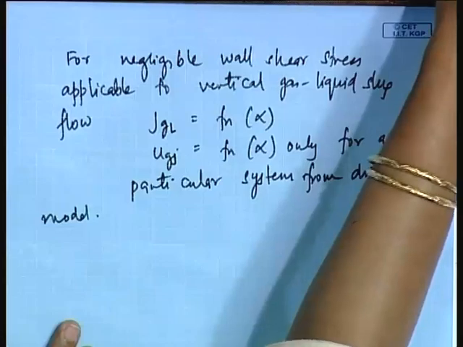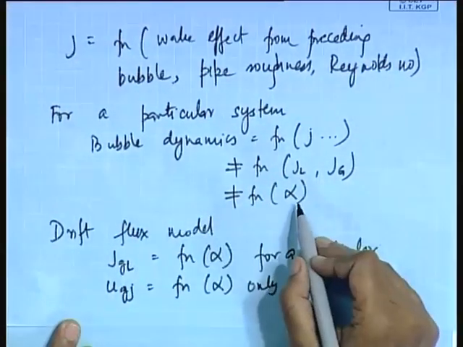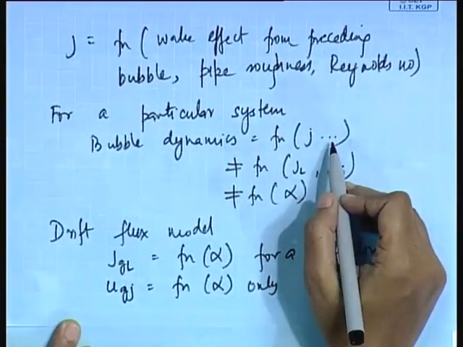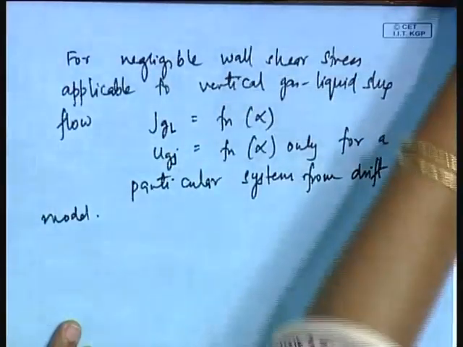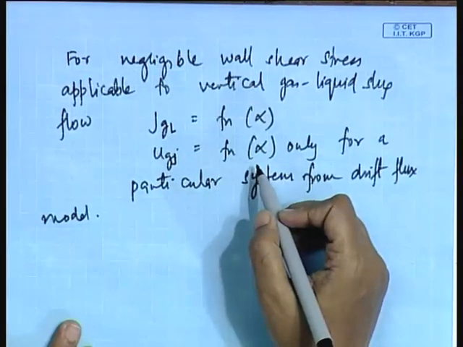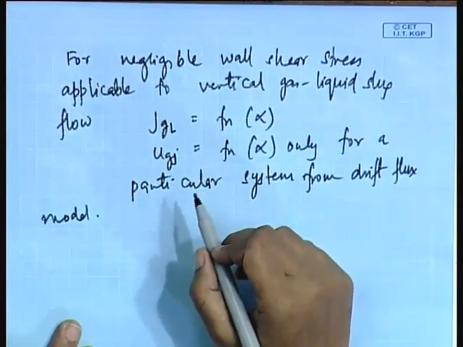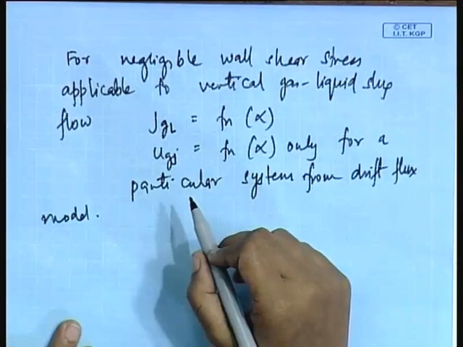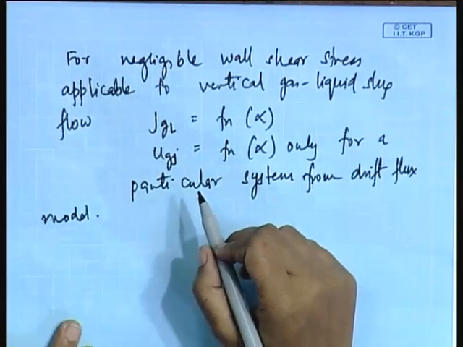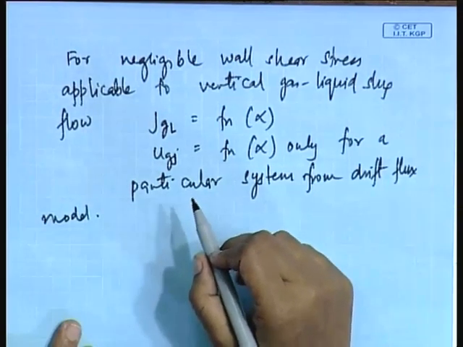So, we have said two contradictory things. From slug flow, bubble dynamics is a function of J only, and again from drift flux we say bubble dynamics is a function of alpha only. It cannot be a function of J. If both have to be true, then both can be true only when UGJ is neither a function of alpha nor of J, but a constant.